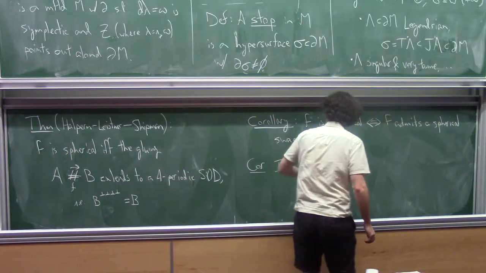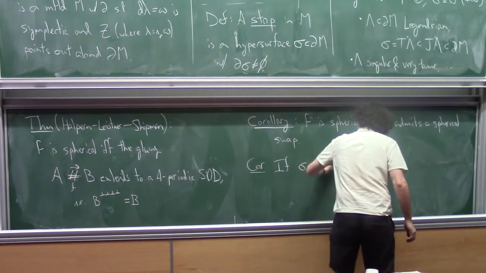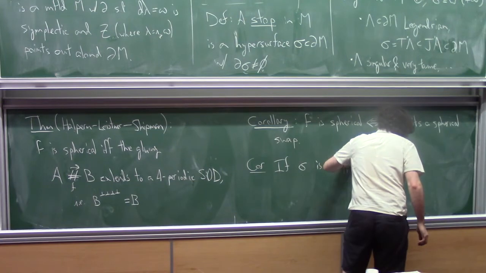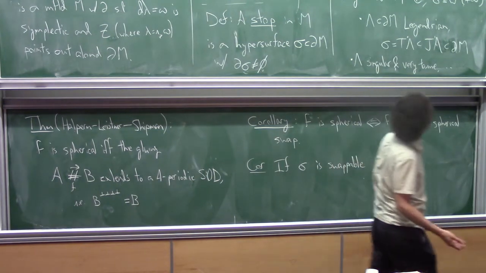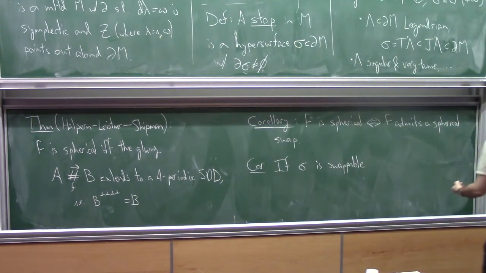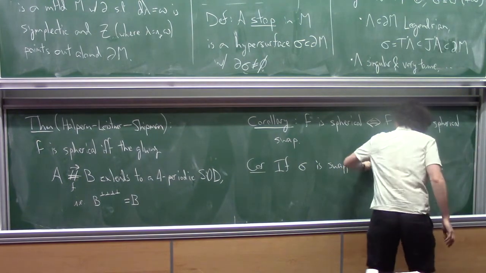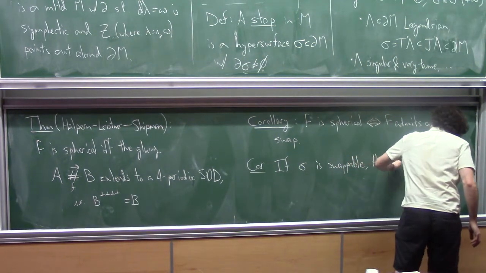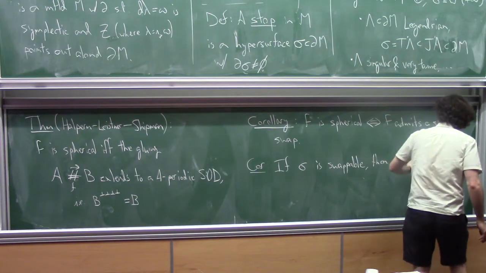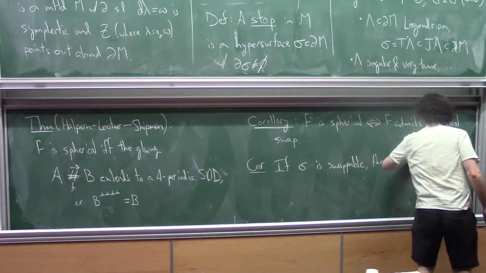If sigma is swappable, well, we know that isotopies of the stop induce equivalences of the Fukaya category, and so if sigma is swappable, then I sigma is spherical.